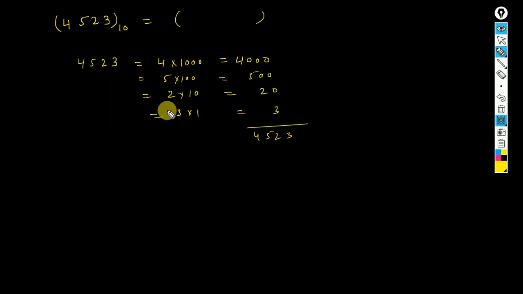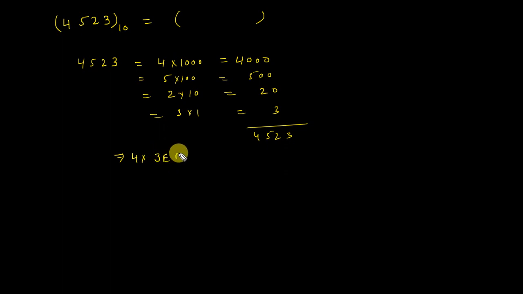But suppose we convert into hexadecimal format. So 4 multiplied by 1000. 1000 written in hexadecimal is 3E8.